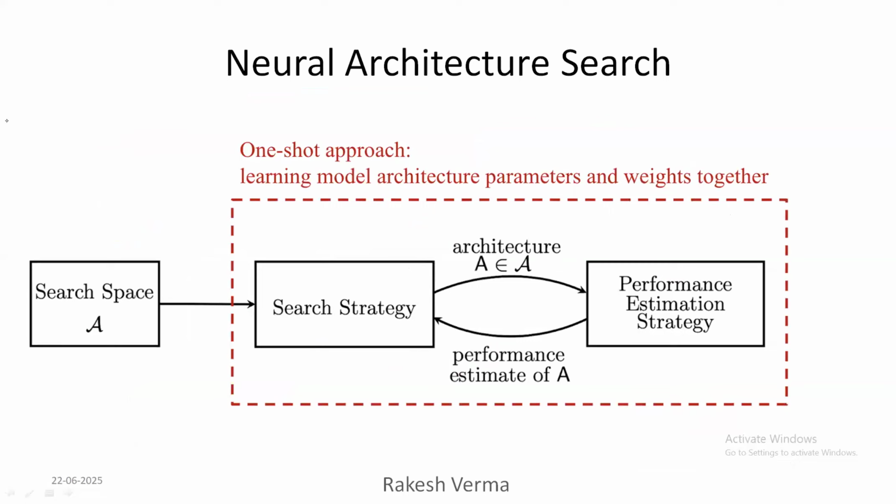After this, the next concept is called neural architecture search. So what happens in neural architecture search? Basically, we can say it is a technique which is used in automated machine learning.